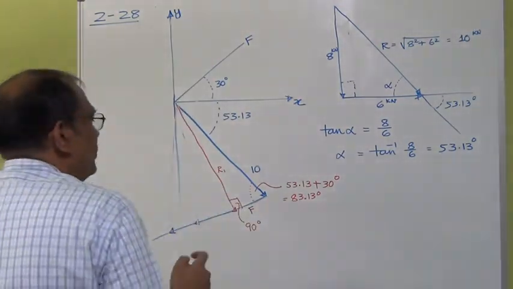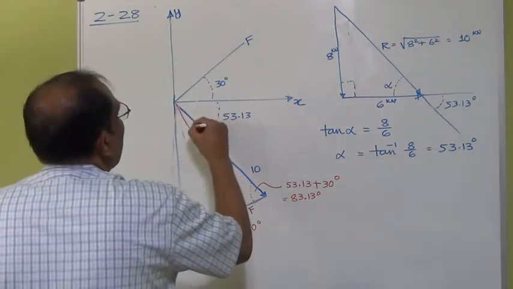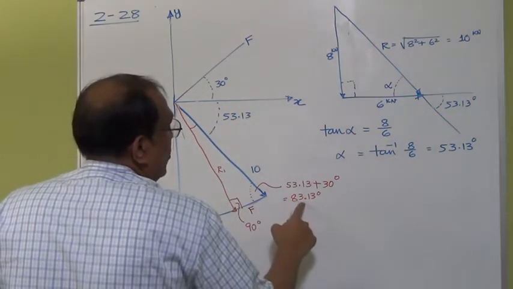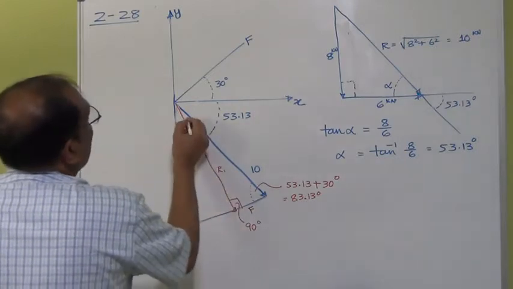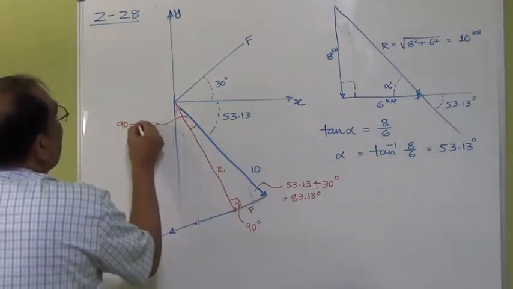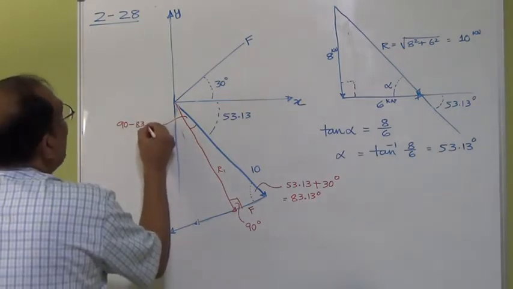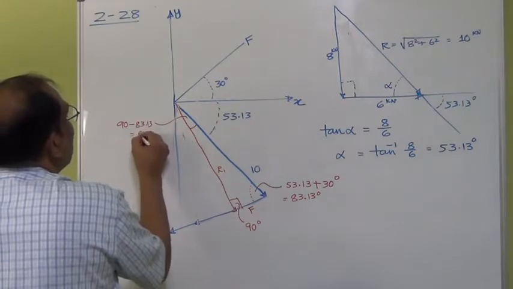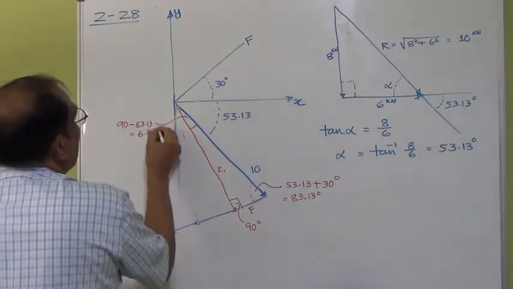So what would be this angle here? If this is 90 and this is 83.13, so this one has to be 90 minus 83.13, which is basically 6.87 degrees, right?